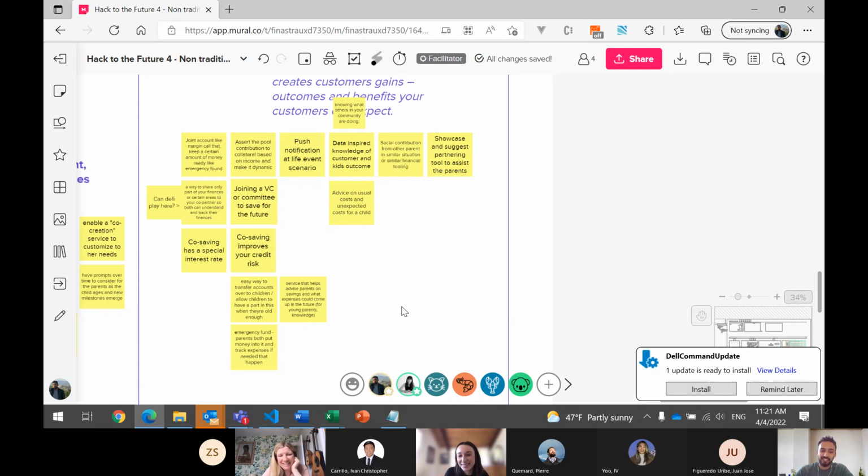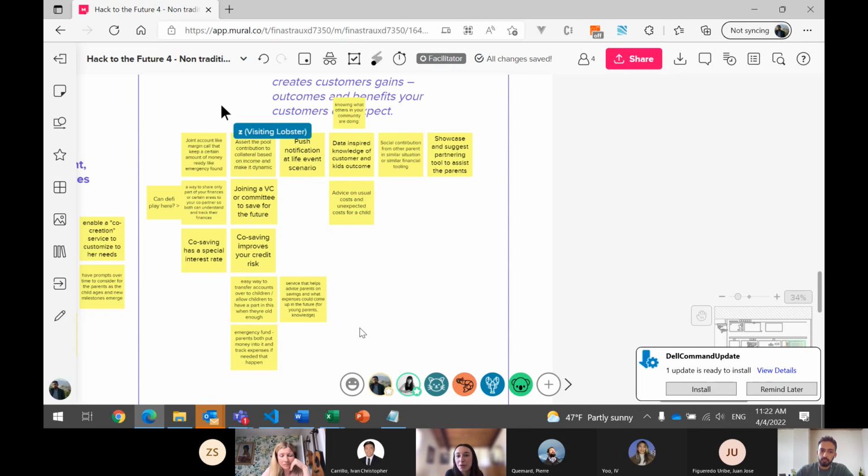Sorry, are you asking me specifically about that sticky? When we were thinking about how we were going to phrase these how might we questions, we were also thinking about how might we support those partners or banking employees to advise better.